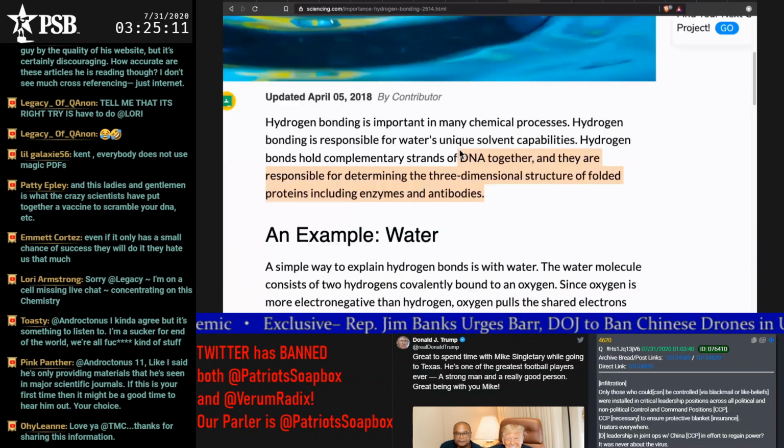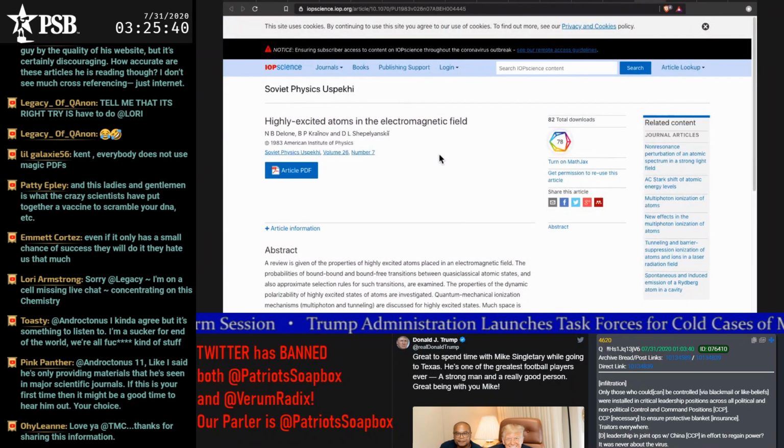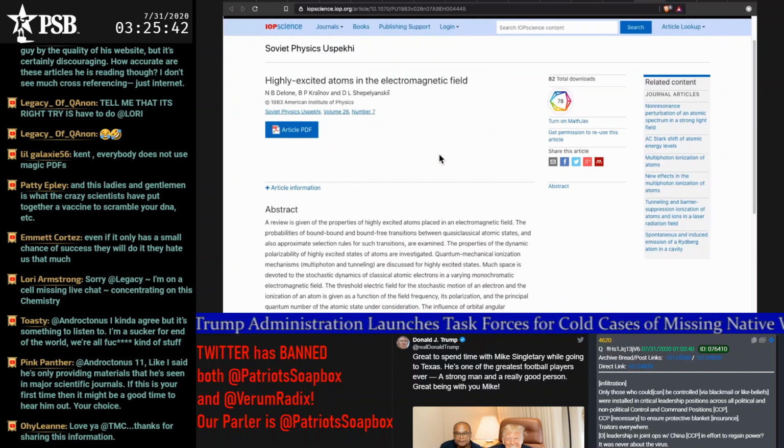That has everything to do with how three-dimensional protein structures are folded, up to and including enzymes and antibodies. The hydrogen holds together DNA and is responsible for determining how DNA is structured in three-dimensional space that creates proteins, including enzymes and antibodies. Highly excited atoms in the electromagnetic field, also behind a paywall.